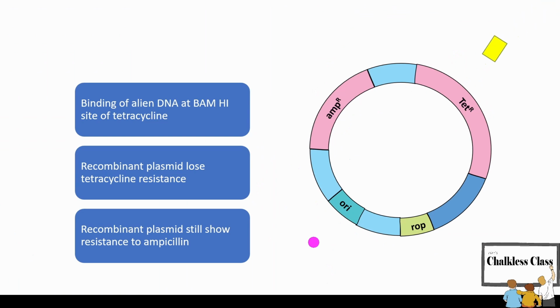First, the gene of interest will bind to the tetracycline site at the BamHI site. Now, this plasmid formed with some foreign DNA is called a recombinant plasmid. This recombinant plasmid loses its resistance to the antibiotic tetracycline because the site is disrupted.